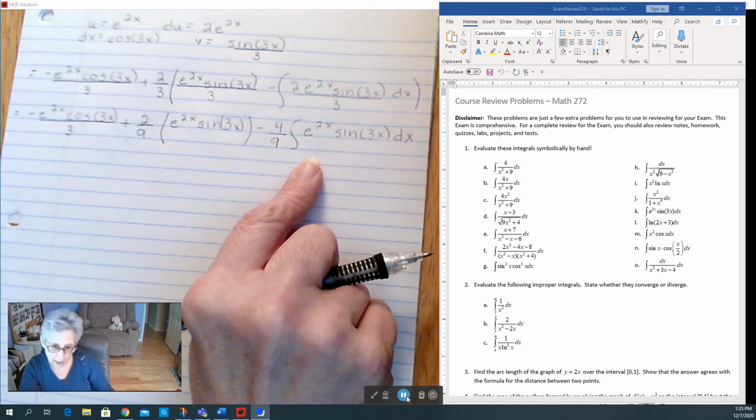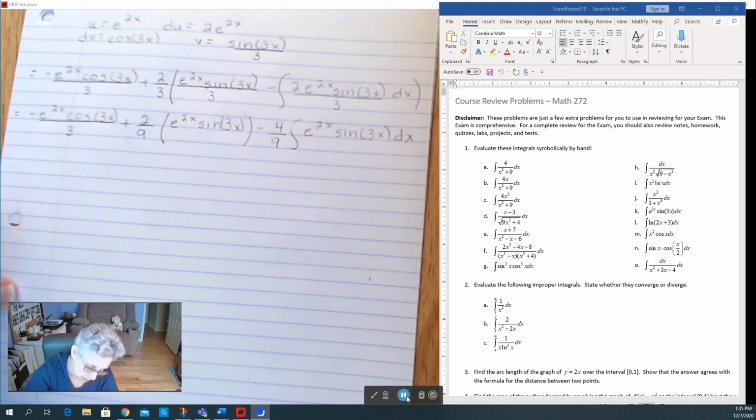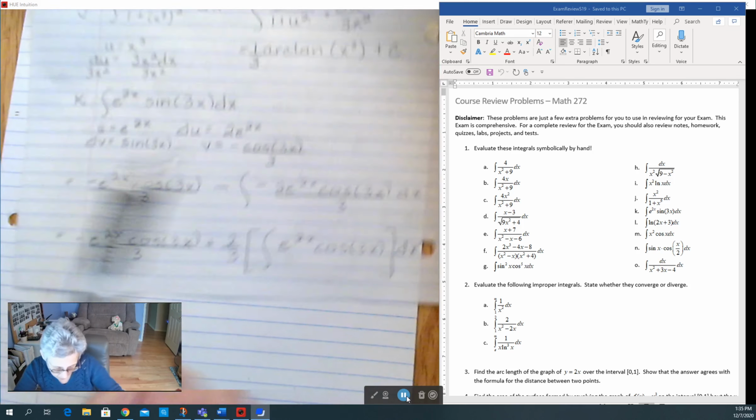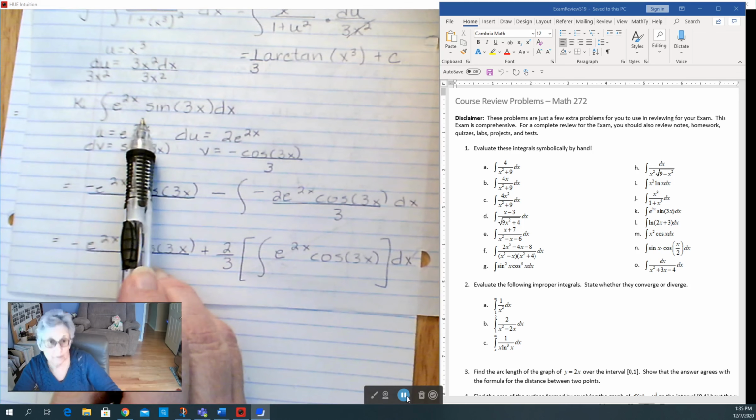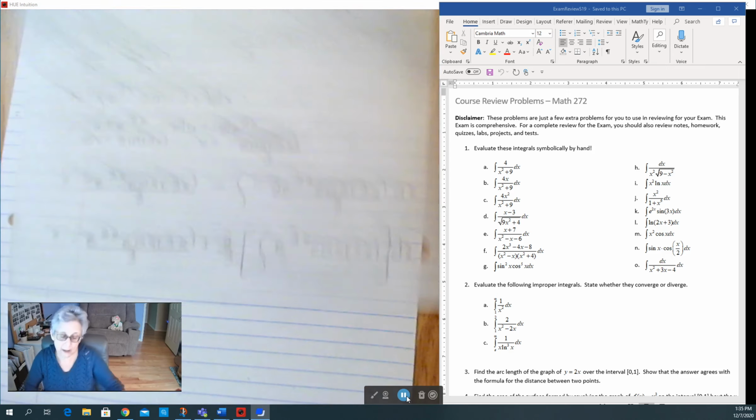Now remember, we have our starting equation, which was the integral of e to the 2x sine of 3x, sitting over here on the left-hand side, even though it's way up here. This is all equal to that.